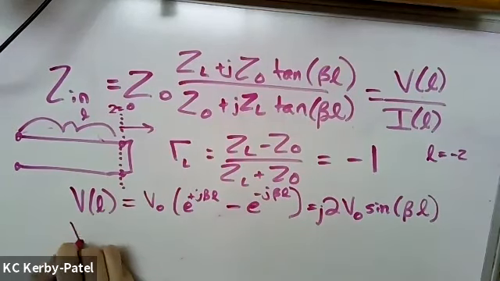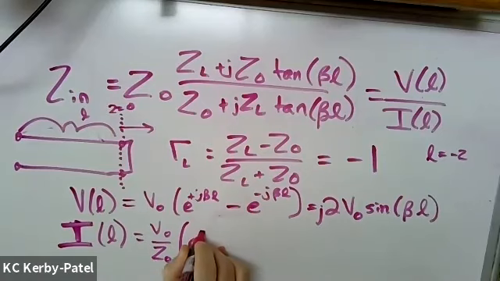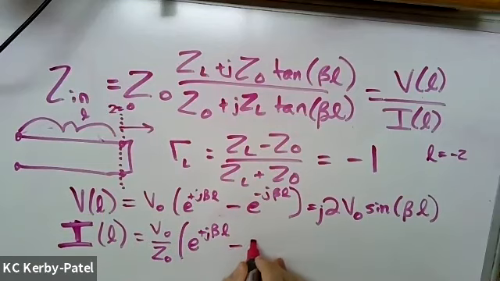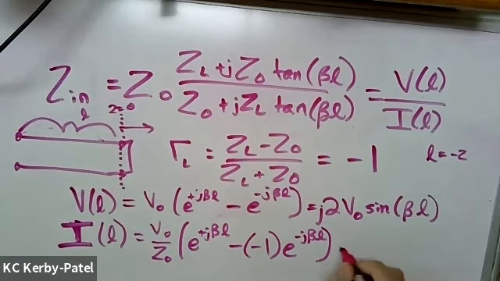If I do the same thing for current, there you go. It's going to be that same voltage amplitude divided by Z0, and then our forward going wave has e to the plus j beta L minus gamma, which is -1, so that gets me a +1, e to the minus j beta L, like that. So for this, I'm going to get 2 V0 over Z0 cosine of beta L.